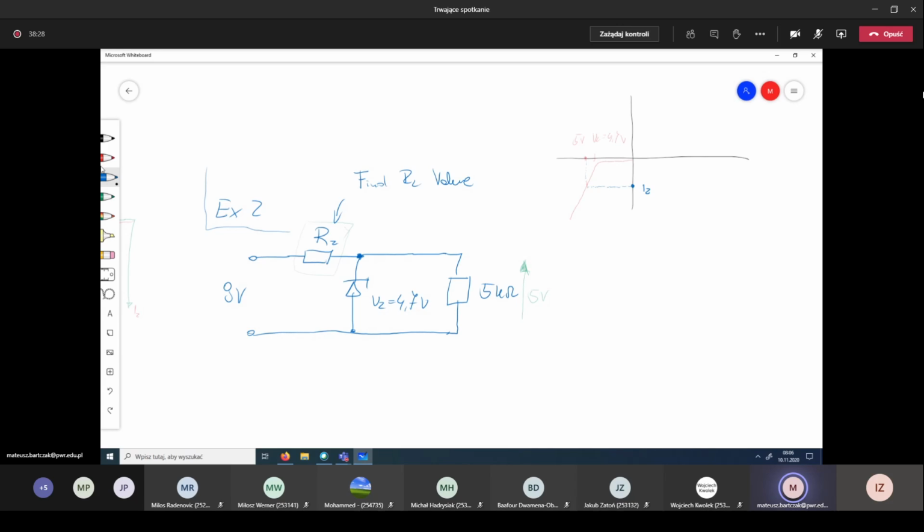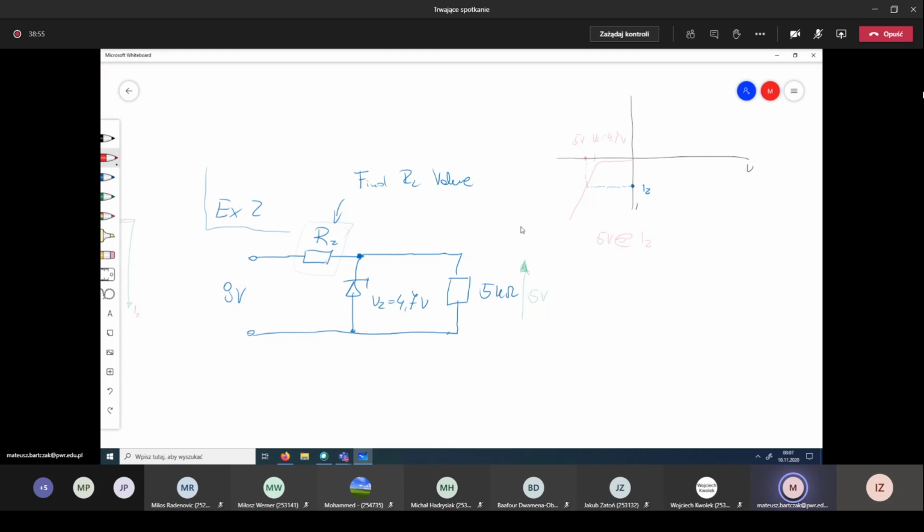So we will have 5 volts when some specific current flows. This you will read from the characteristic, because here we have current, here we have the voltage. So you need to find this value from the characteristic which you will measure in exercise number 1.